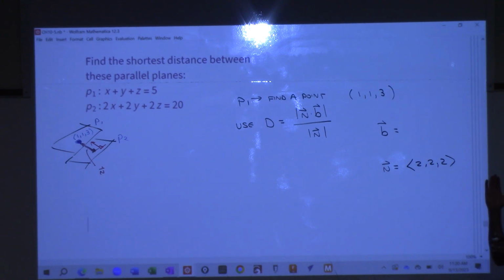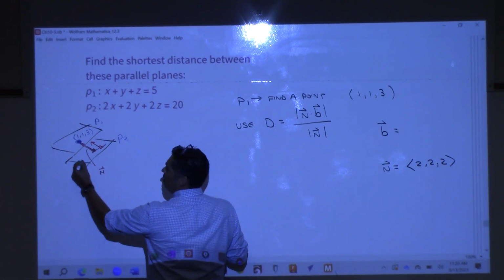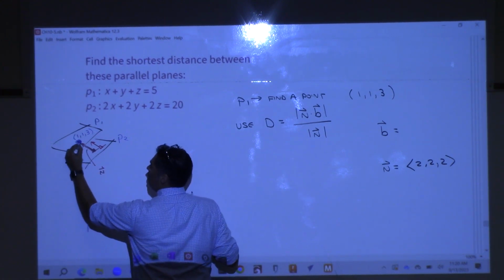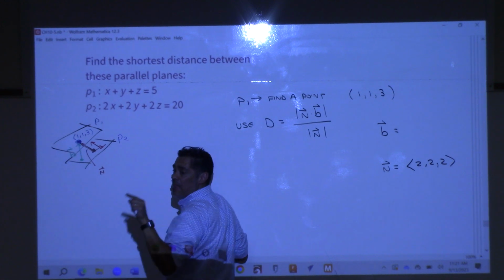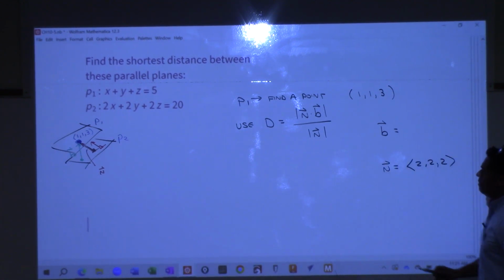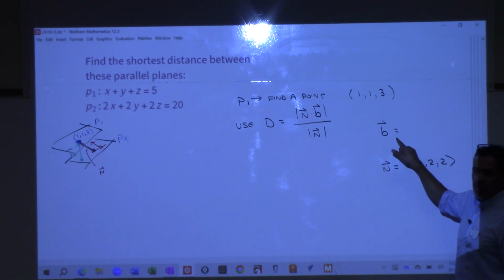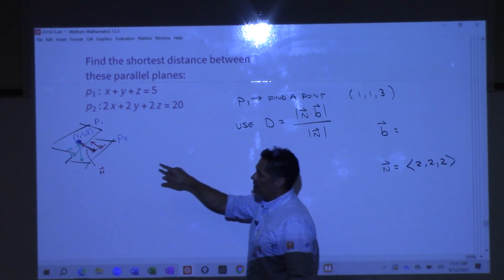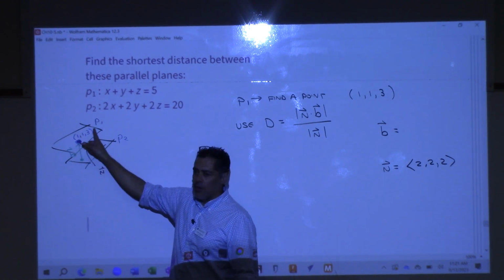We have to project a vector. We're going to now create a vector that goes from plane 2 to plane 1, like that. And that's going to be our B. And then we're going to take that B and project it onto the red one, and that will be the distance. So what's B? We need a vector that goes from a point on plane 2 to plane 1, or to the point (1, 1, 3).